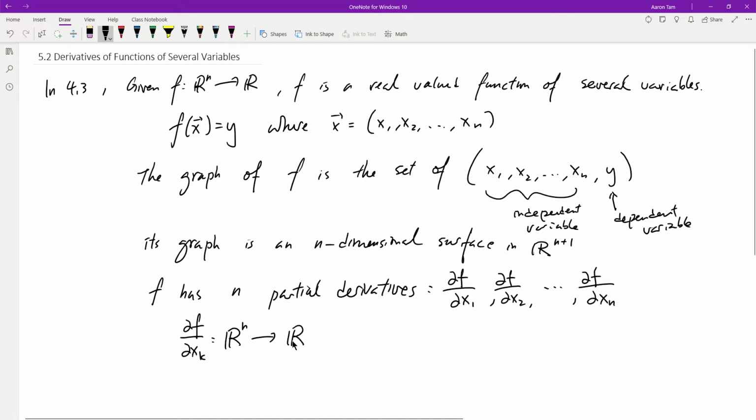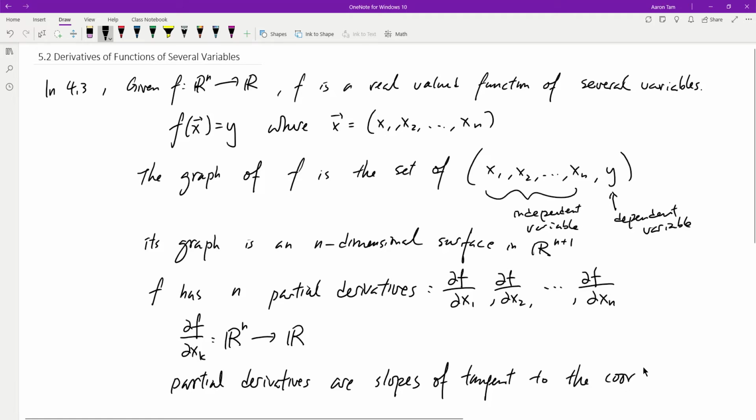We also learned that each of these partial derivatives is basically the slope of the tangent to the coordinate curve.